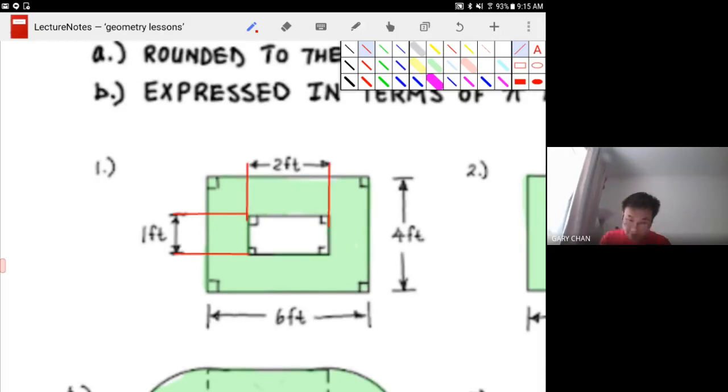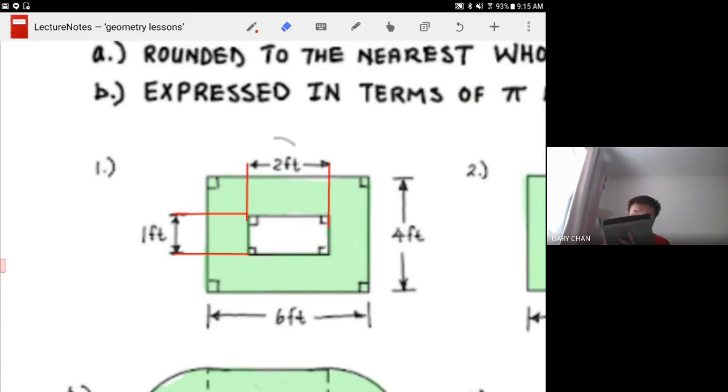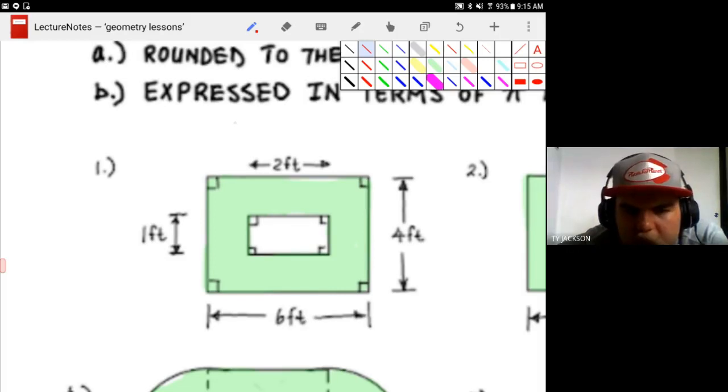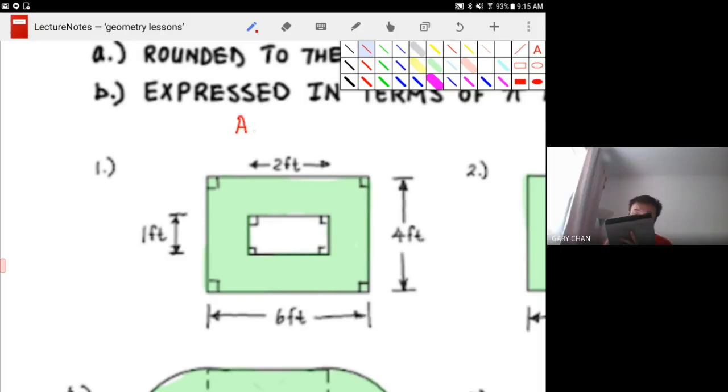They correspond. So with that said, what's the area of the small white rectangle? It has to be 2 feet squared. That's right. So I want to call the small white rectangle A1, 2 feet squared.